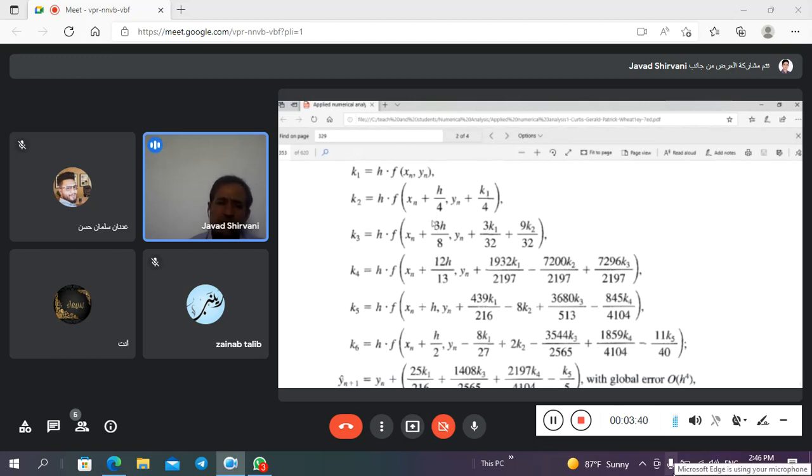We can use k3, k4, k5 and k6 to obtain these values according to the given formulas.